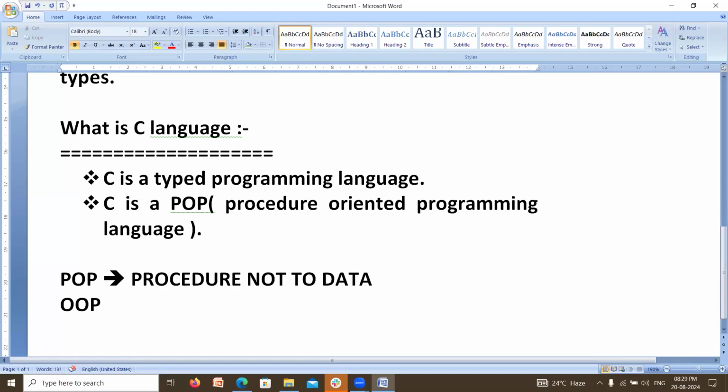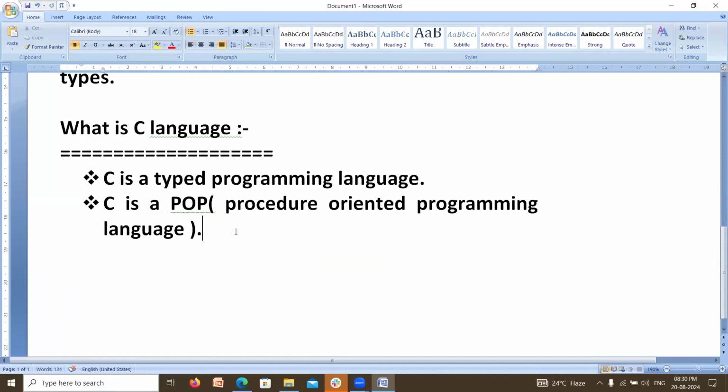In object-oriented programming languages, they give more priority to data, less priority to procedure. So C is a POP: it gives more priority to procedure, so it is called procedure-oriented programming language.